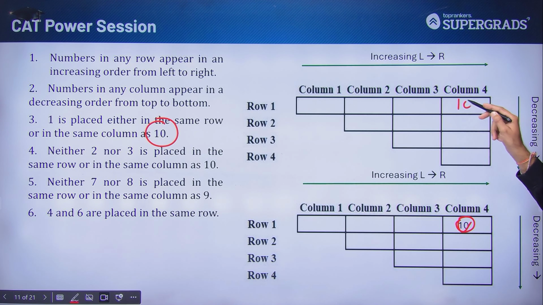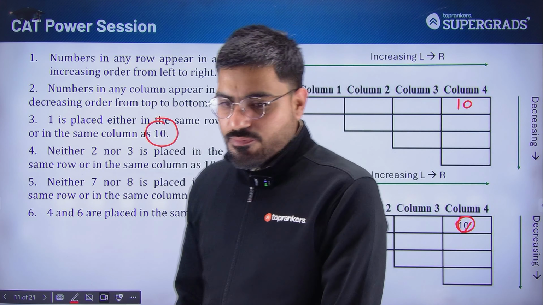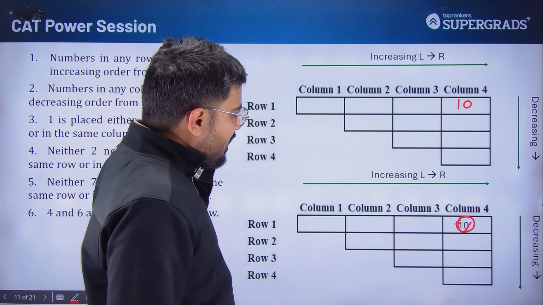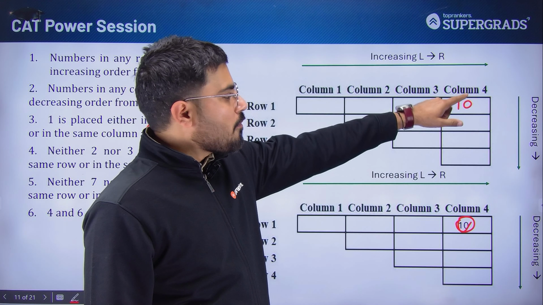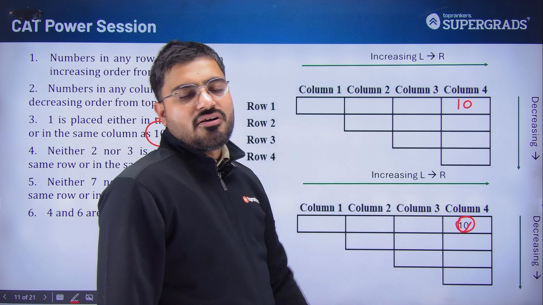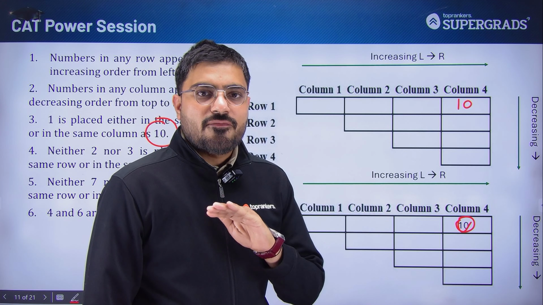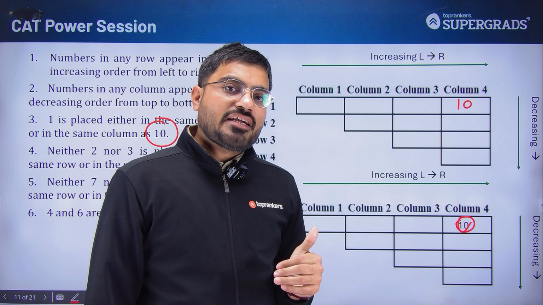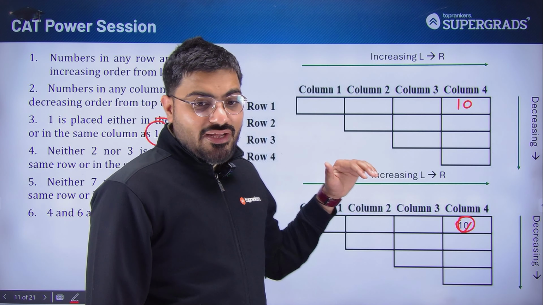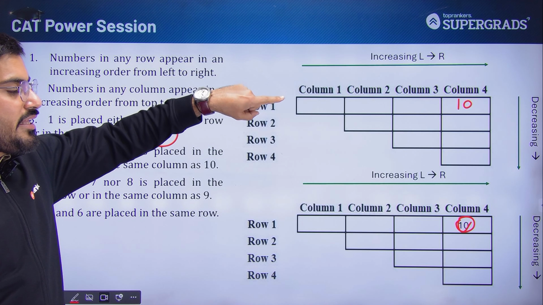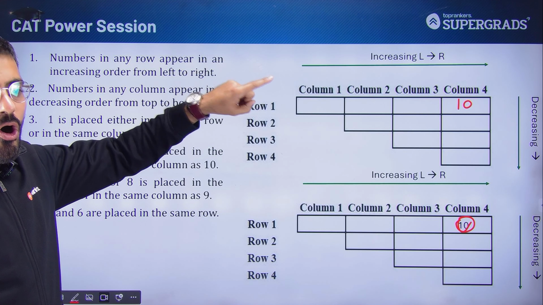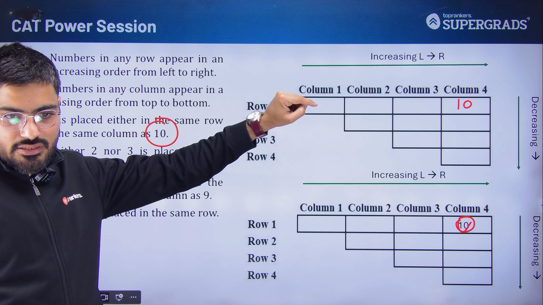So 10 will definitely be placed here, and nowhere else, because going from left to right this is the highest number, and going from bottom to top this is the highest number. So 10 is frozen here. There was no direct information, but with the first two conditions, I have formed that 10 is fixed in that top right corner.